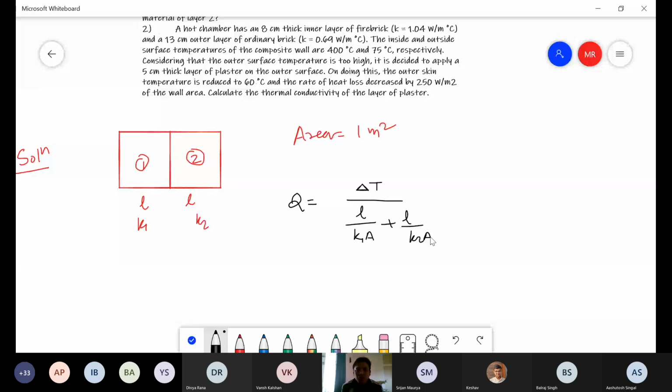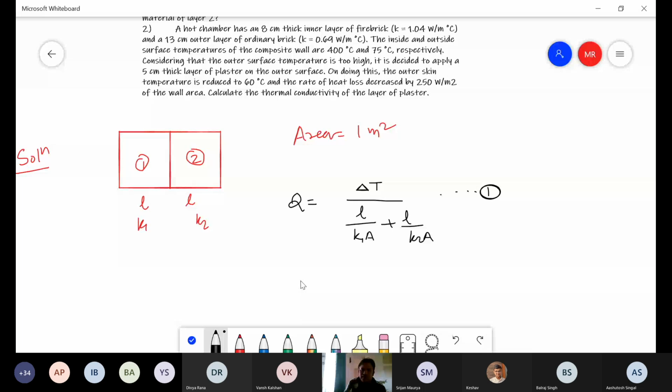So when both the layers have equal length L, this is the equation, isn't it? This is the first condition. Second condition: the rate of heat transfer has to be reduced by 20%. That means the rate of heat transfer will be 0.8 Q.